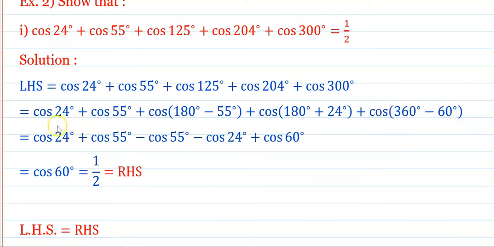Okay, now see this here. Cos of 24 as it is, cos of 55 as it is. आता इथे कसं की integral multiple of pi means what? Pi minus theta. The function remains as it is. Again it is in the second quadrant. In second quadrant cos is negative. Cos of 180 minus 55 म्हणजे तो कुठल्या quadrant मध्ये जाईल? It is in the second quadrant, and it has a negative sign. Function remains as it is.